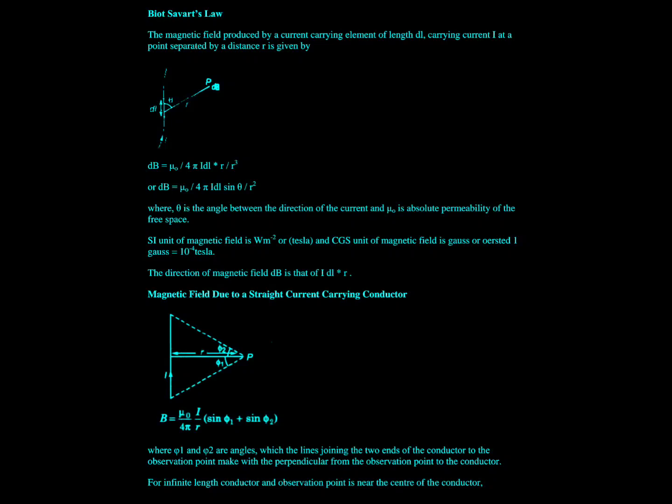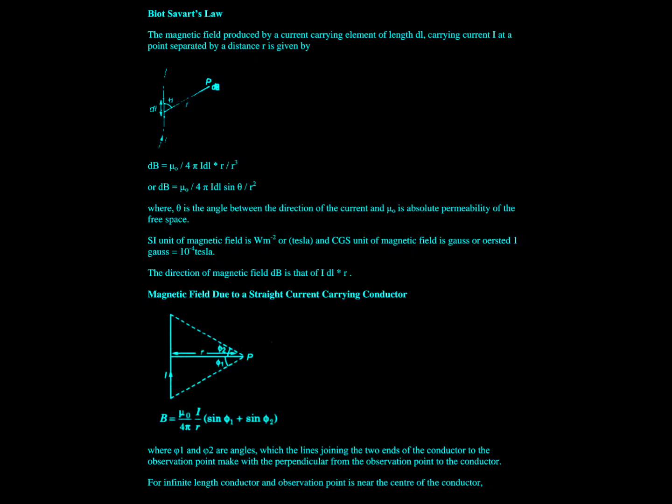We already discussed the units of the magnetic field in SI as well as in the CGS system. Our next topic is the magnetic field due to a straight current carrying conductor. For this, consider the observation point P, that is at some distance from the center, and at that point there are the two angles phi 1 and phi 2, and we consider an infinitely long conductor.